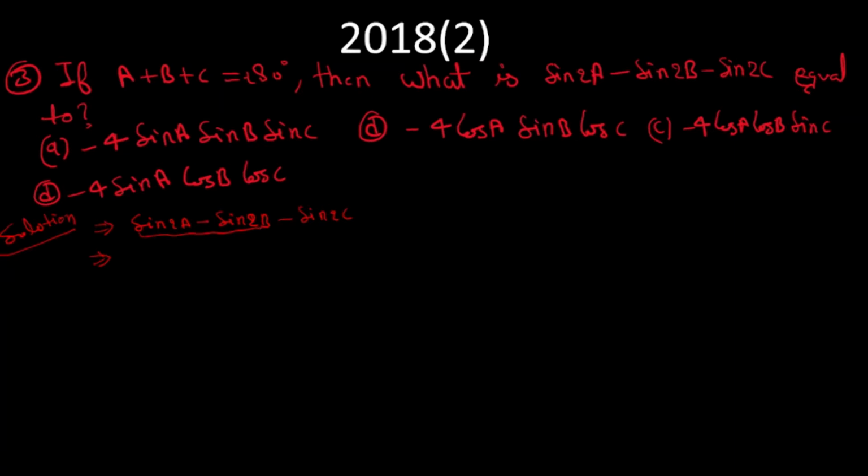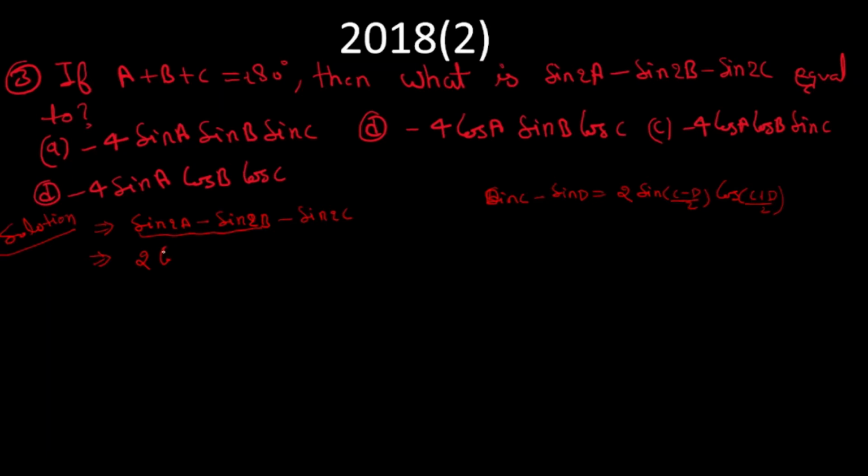So when we apply, we get 2 sine c minus d by 2 and cos c plus d by 2. Yeah, that is the formula for sine c minus sine d.